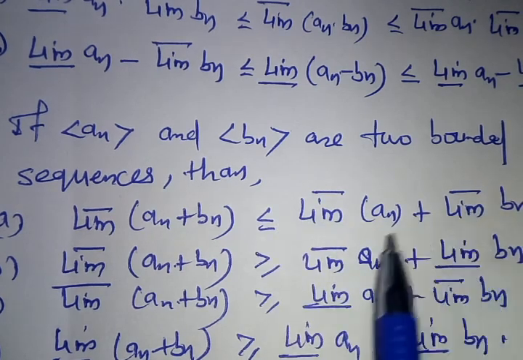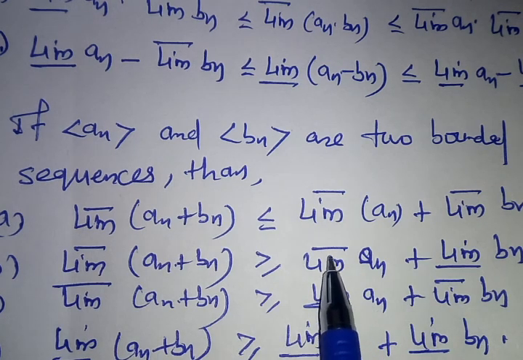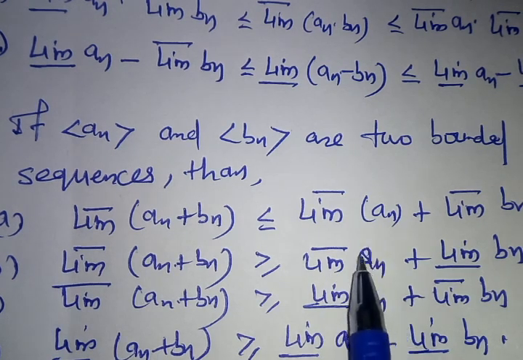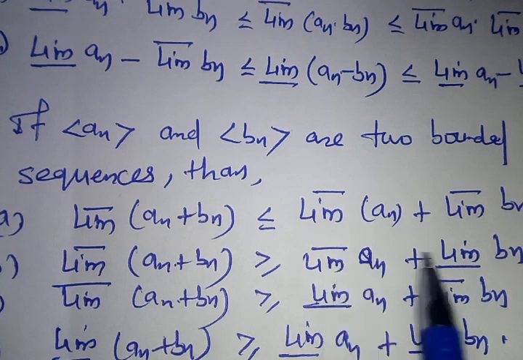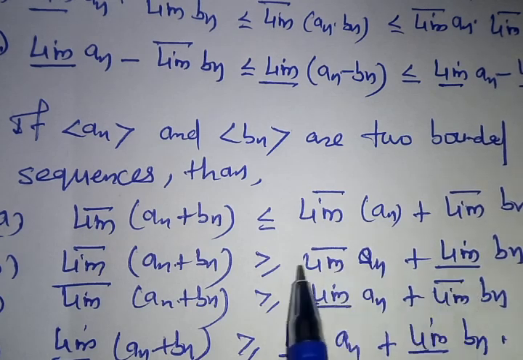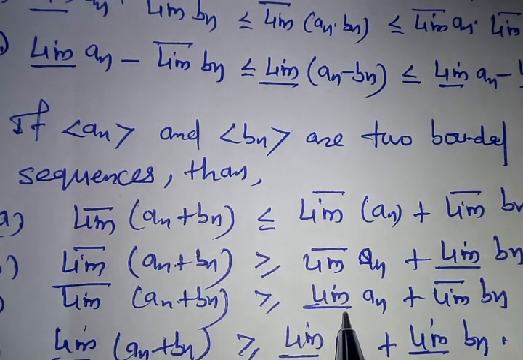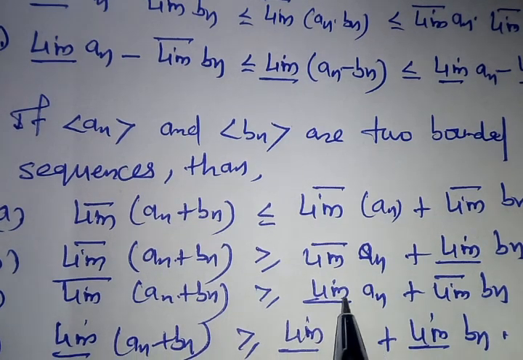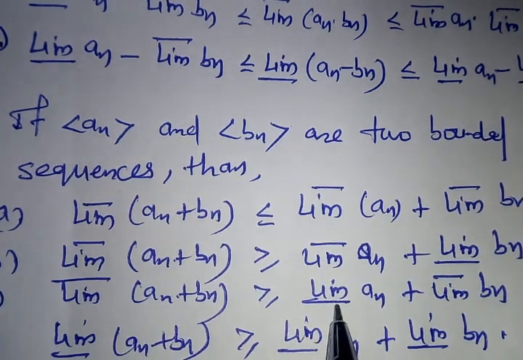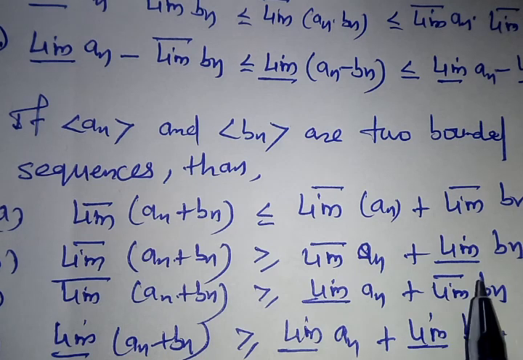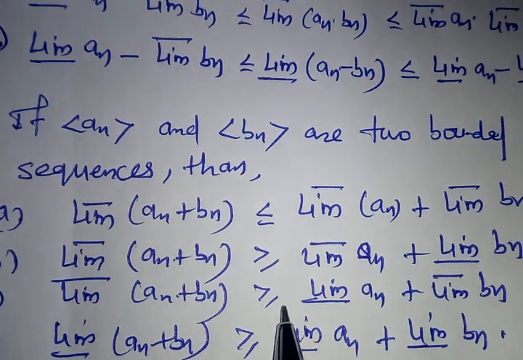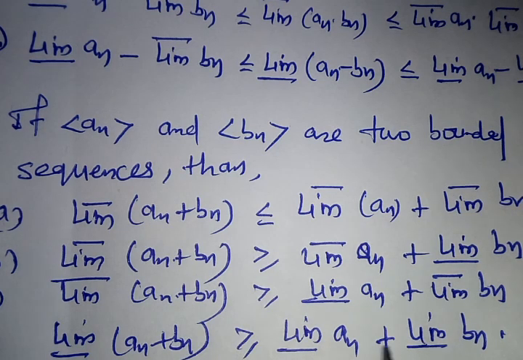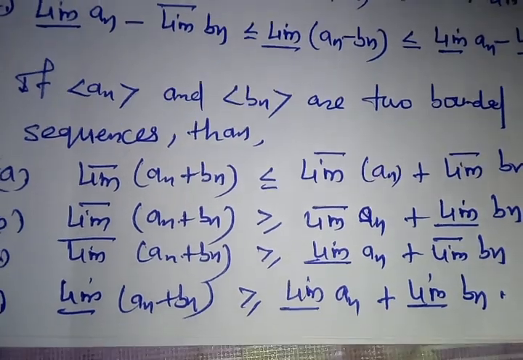Otherwise, for one sequence I take limit superior and for the other limit inferior, then the less than sign holds. And if both are limit inferior individually, then on this side the less than sign holds.